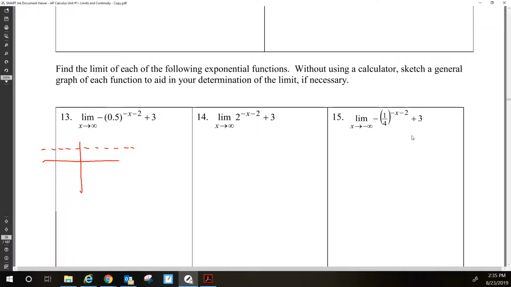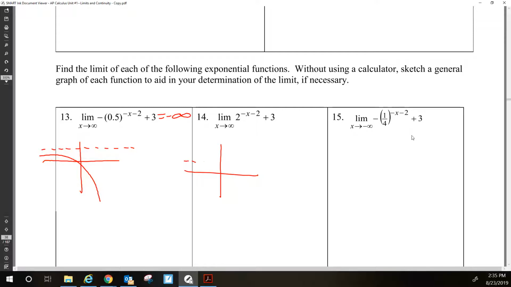But then the negative is going to actually make it turn and go down like that. So when we look at the graph as it goes to infinity, our limit is going to go off to negative infinity down here.